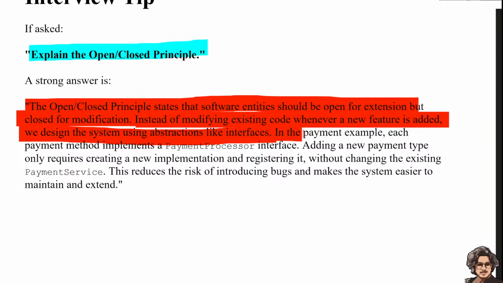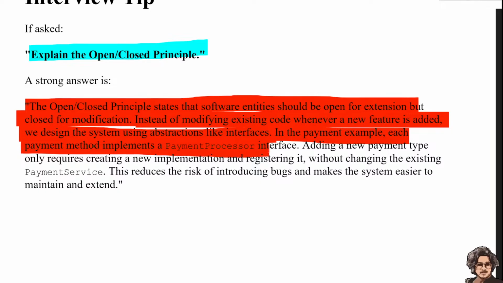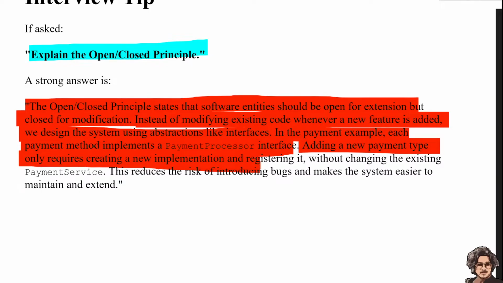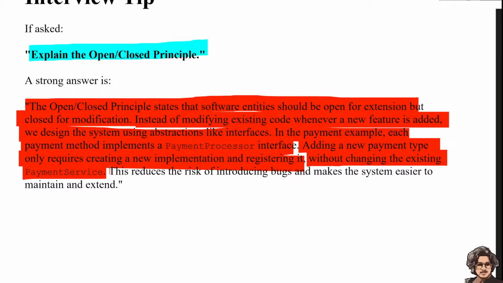So in this payment example, each payment method implements the payment processor interface. Adding a new payment type only requires creating an implementation and registering it, without changing the existing payment services. This reduces the risk of introducing bugs and makes the system easier to maintain and extend.